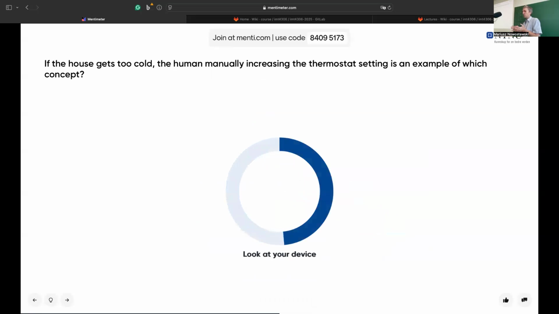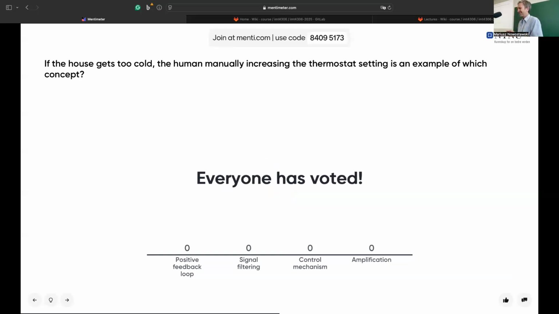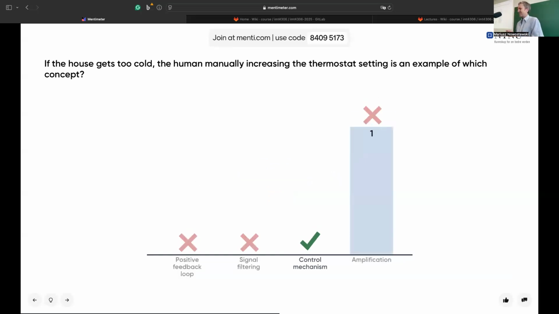If the house gets too cold, the human manually increases the thermostat setting. And this is an example of what? Positive feedback, signal filtering, control mechanism, or amplification. All right. So yeah, exactly. We basically have a house, we have a heater, and we have a thermostat.